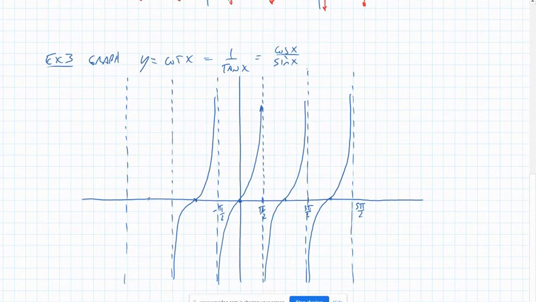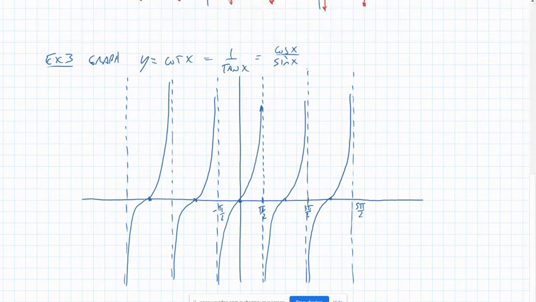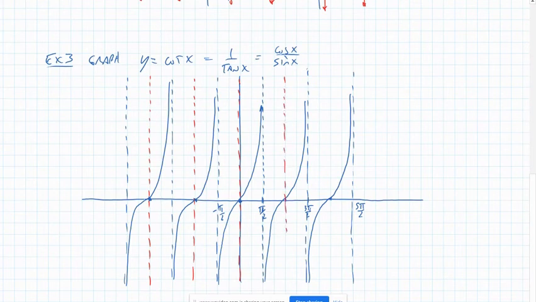And since cotangent is the reciprocal of this, whenever the tangent graph hits 0, that's going to create the asymptotes for our cotangent graph. So every time the tangent graph crosses the x-axis, cotangent is going to be undefined.